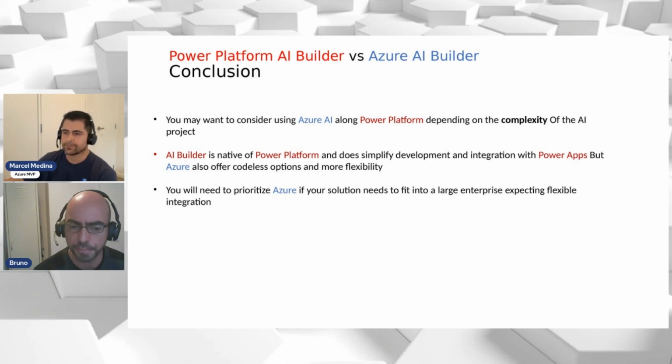And you might find you need to move to Azure in the end to satisfy those needs, or end up with a lot of complexity in Power Platform, defeating the purpose of codeless. It's always tricky, it's always about trade-offs, right? If the application grows, it makes sense to transition to Azure.